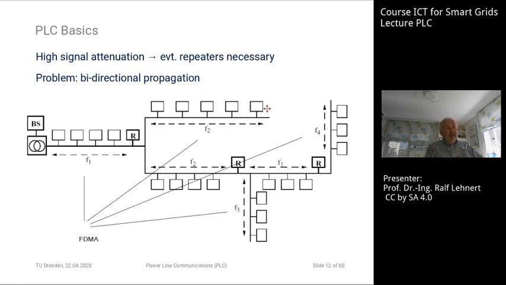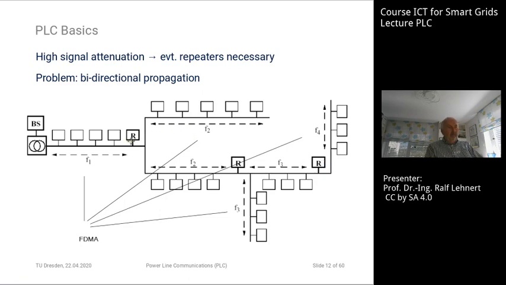In this case it feeds this street and it feeds this area until we eventually have a next repeater, and this next repeater goes to another frequency area F3, and for the most distant house we might even need another repeater.